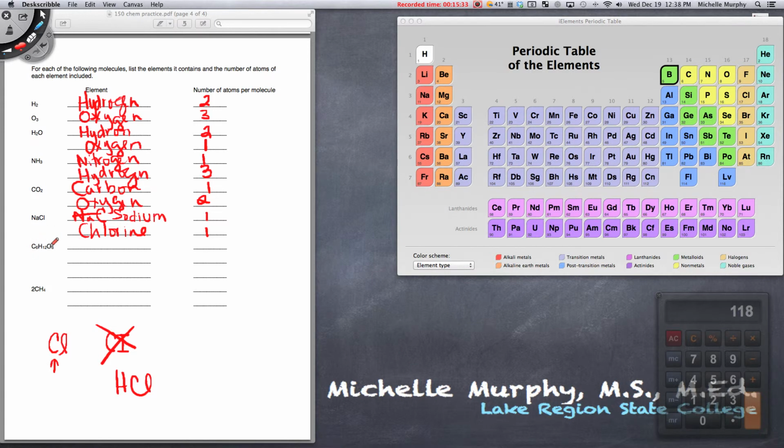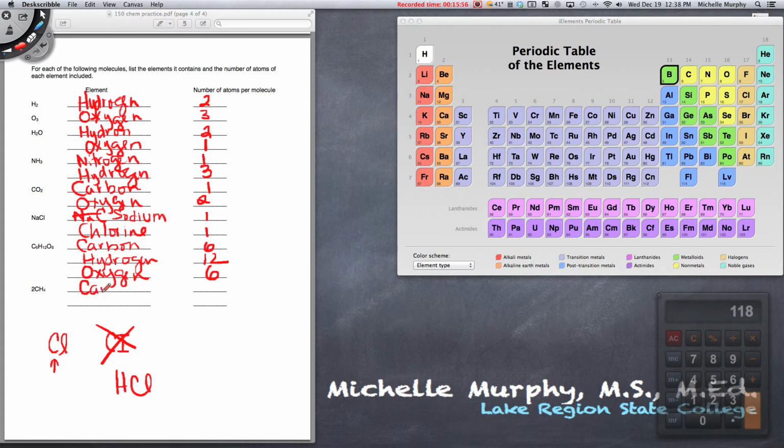This is glucose, C6H12O6. We have carbon, hydrogen, and oxygen. We have 6 carbons, 12 hydrogens, and 6 oxygens. Now down here, I threw this one on here. This is methane.